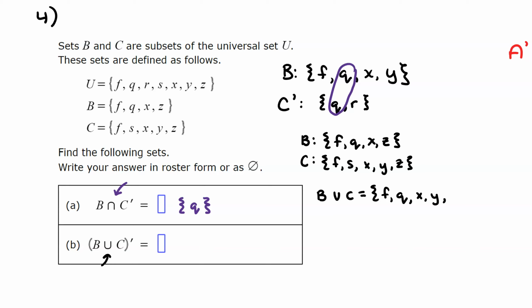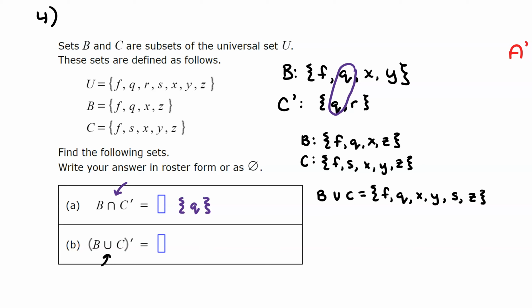So C has an F, but I already wrote that. C has an S. I'll write that one. It's got an X. I already wrote that. Y, I already wrote that. And Z. So a trick for union is to just write the whole first set and then write any remainders from the second set.